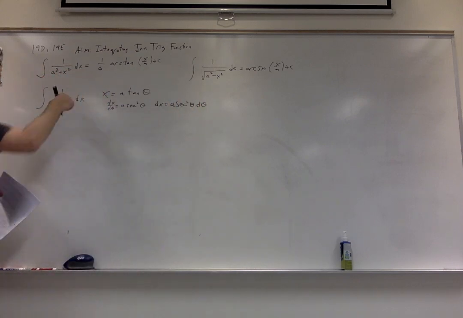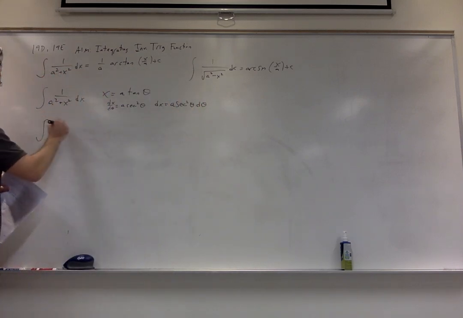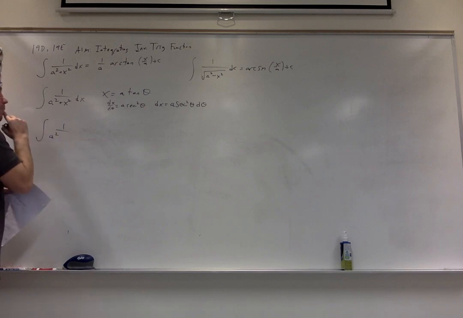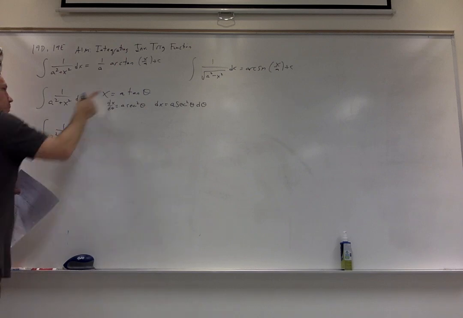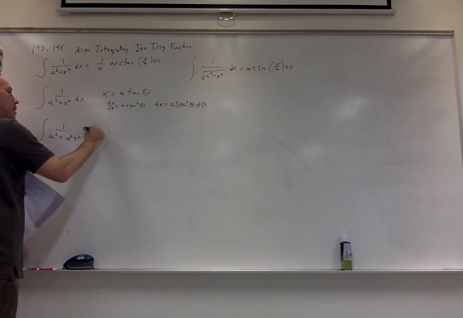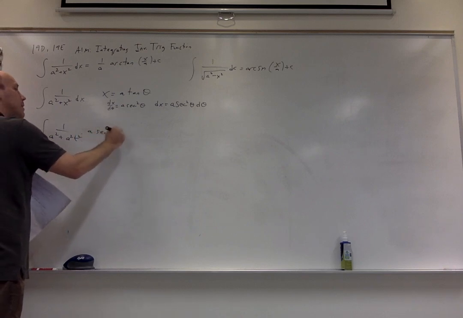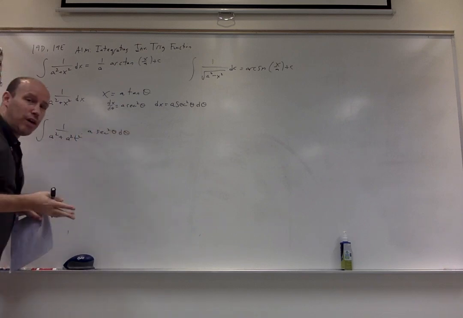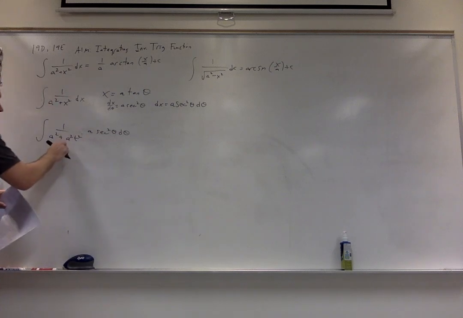Okay, let's substitute everything back in here. The integral of 1 over a squared plus a squared tan squared theta times a secant squared theta d theta. Now, we know what's going on down here.